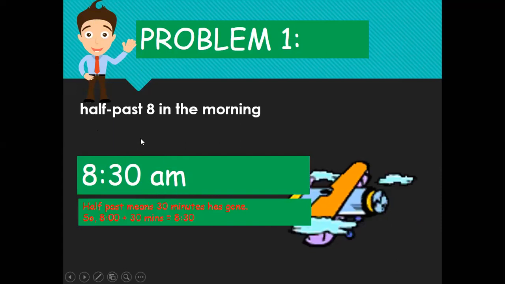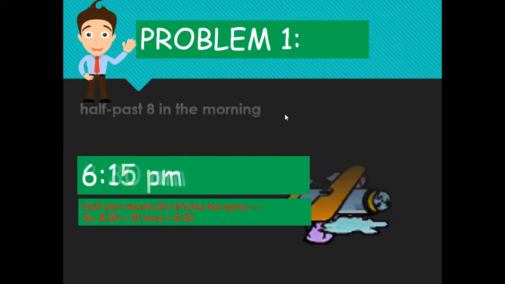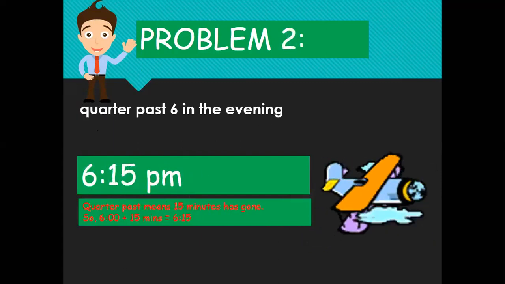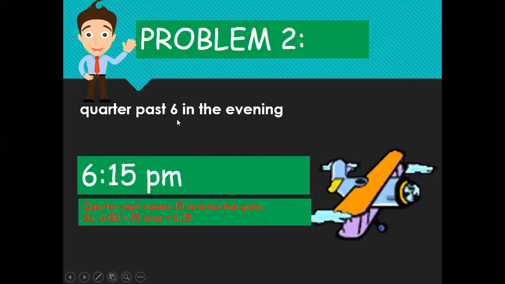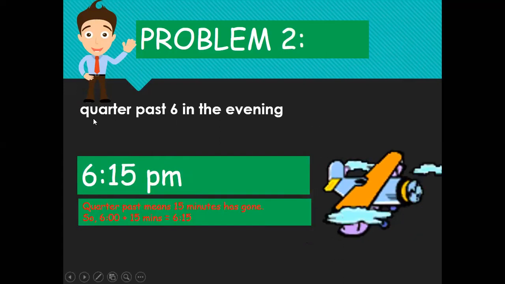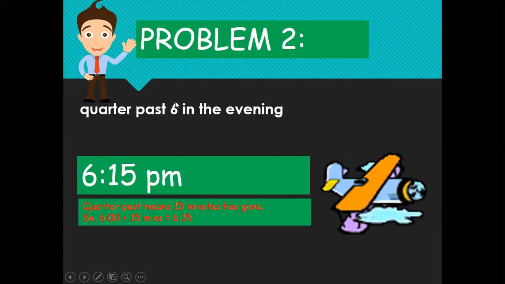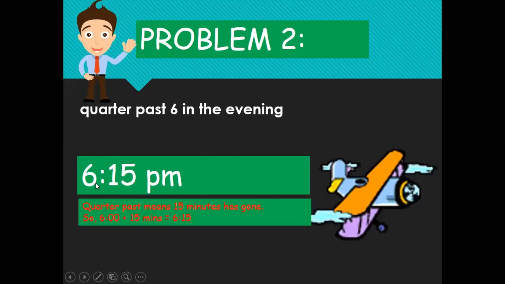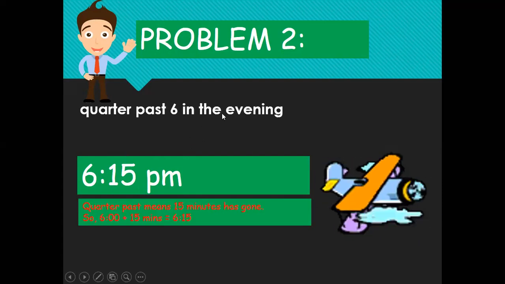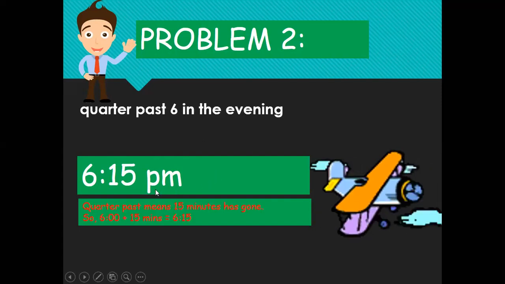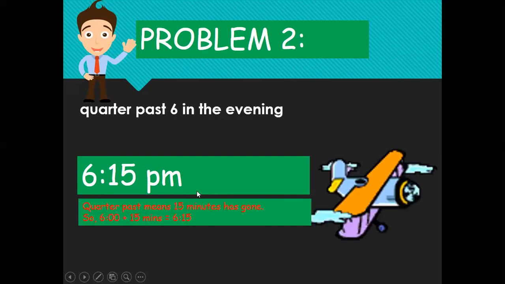So 8:30 in the morning is actually 8:30 AM. Another example is 6:15 in the evening. As defined earlier, quarter past means 15 minutes have passed. And then 6 for the hours, so we have 6:15. And then in the evening tells us that it is in the PM. So the time for 6:15 in the evening is 6:15 PM.